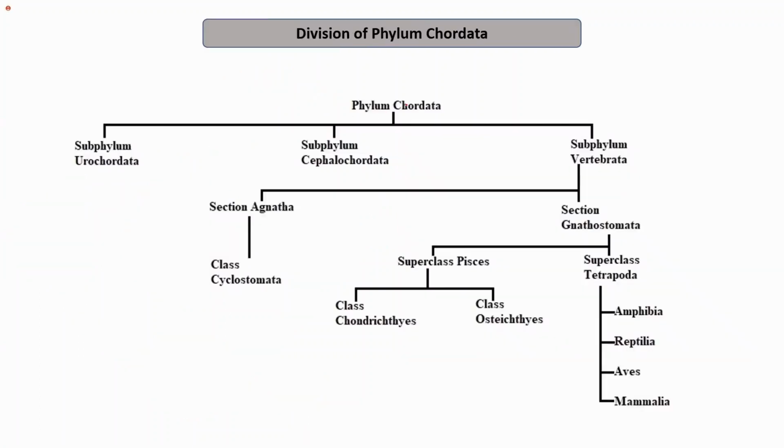So we learned about the division of the phylum Chordata. Phylum Chordata is divided into three subphyla: Urochordata, Cephalochordata, and Vertebrata. Urochordata and Cephalochordata are together called protochordates.